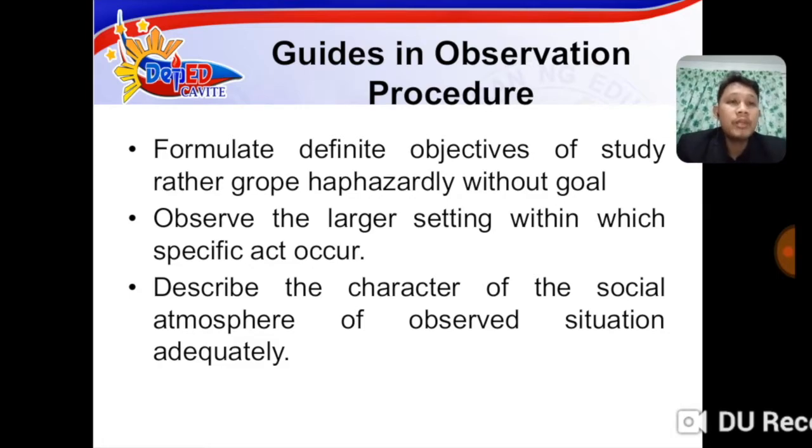Guides in observation procedure. There are several observation guides that were presented by Young, as cited by Karage et al., 2009. And these are the following. Number one, formulate definite objectives of study, rather than grouping haphazardly without goal. So it means planning or setting objectives is more effective to systematize, of course, the data collection procedure.